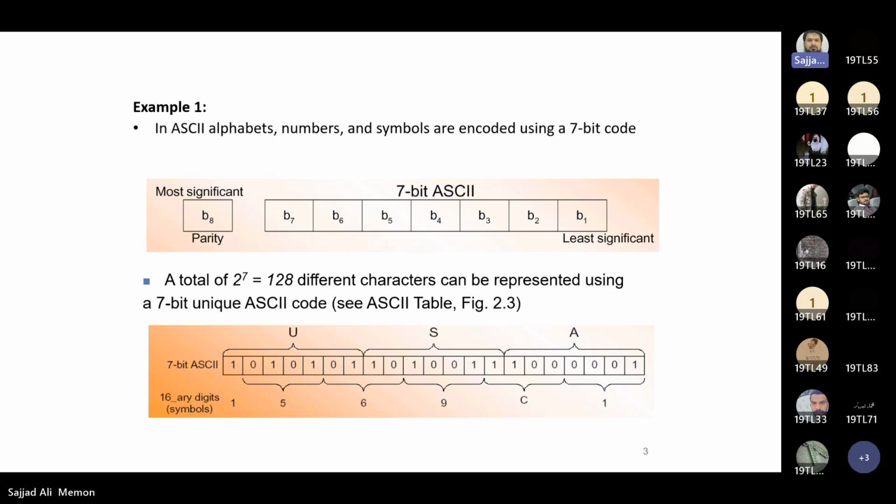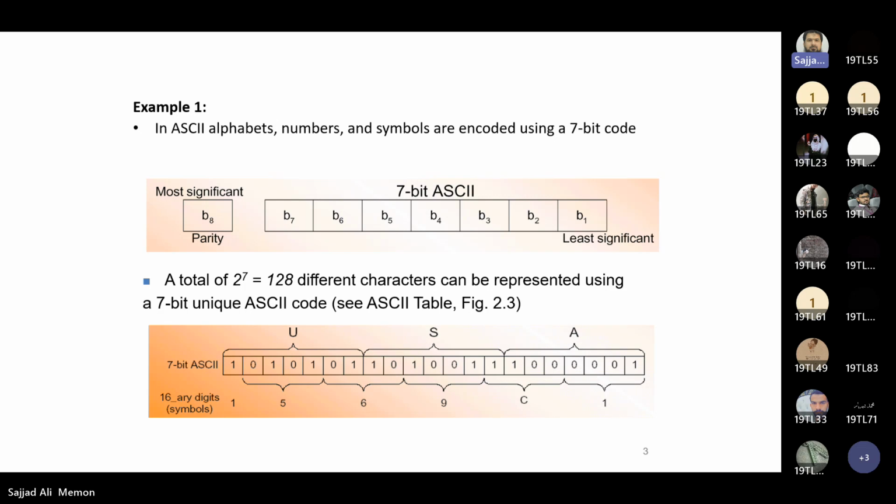So this ASCII is used in your keyboard. If you see your keyboard, you will find alphabets and numbers, special keys: alphabets from A to Z, numbers from 0 to 9, and special punctuation like question mark, full stop, comma, and other signs.